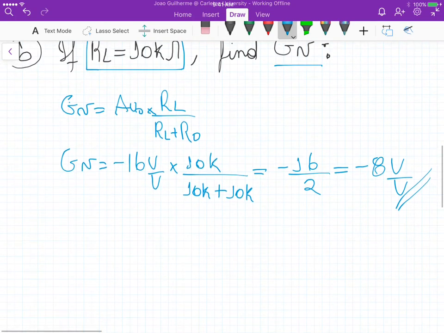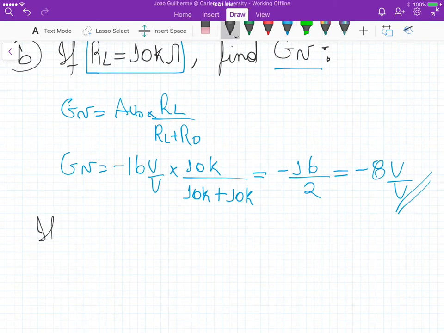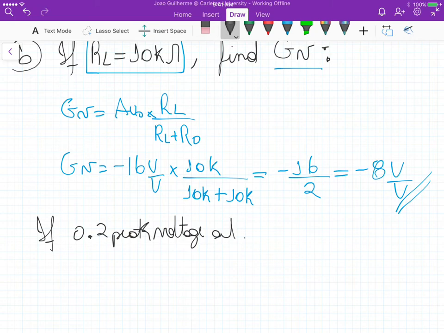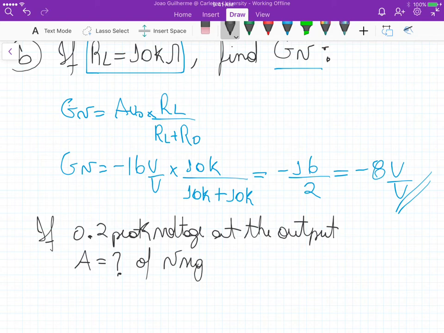And there's another part: if we want a 0.2 volt peak voltage at the output, what's the amplitude of the input signal, V signal?